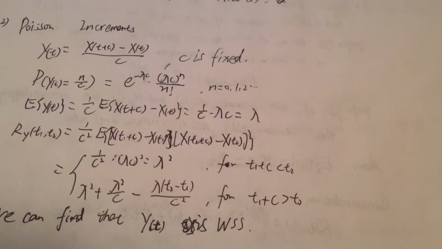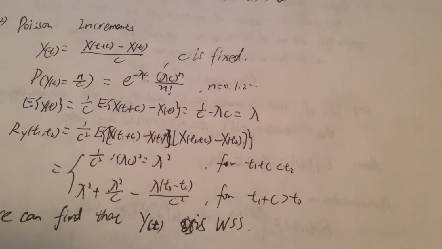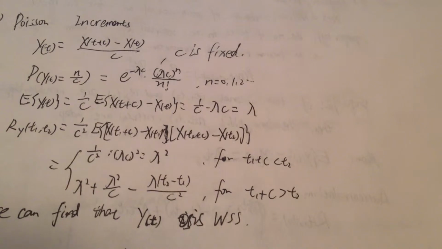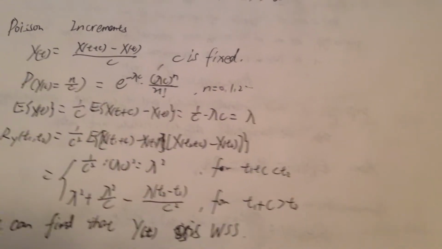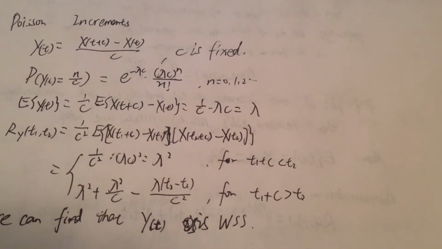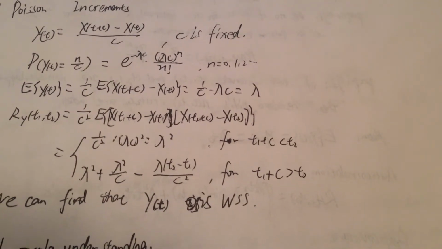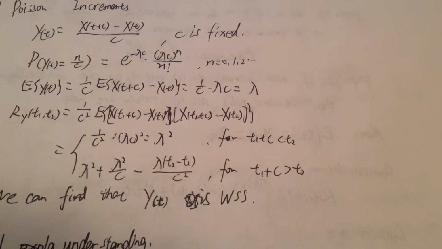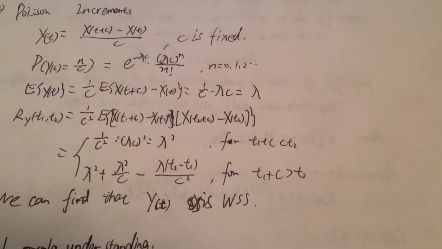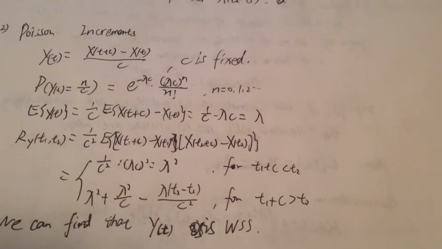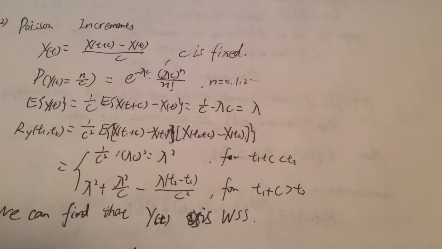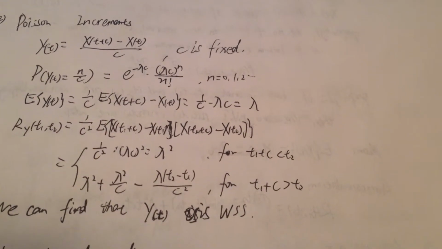First, the probability of Y(t) equals n over c equals e to the minus lambda c times (lambda c) to the power n over n factorial. And the expected value of Y(t) equals the expected value of (X(t plus c) minus X(t)) over c.